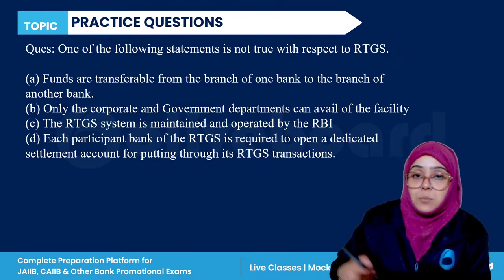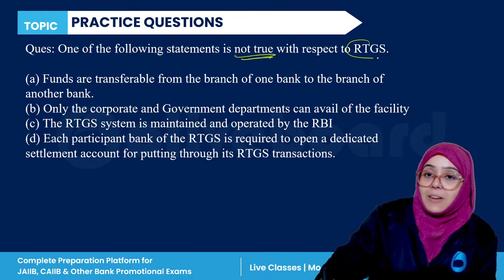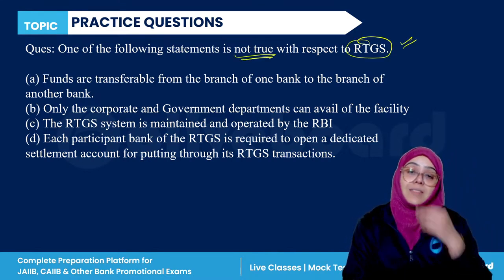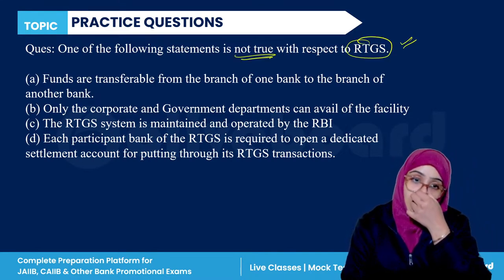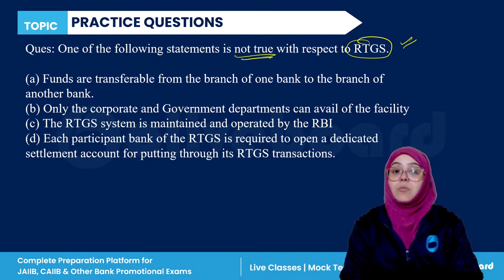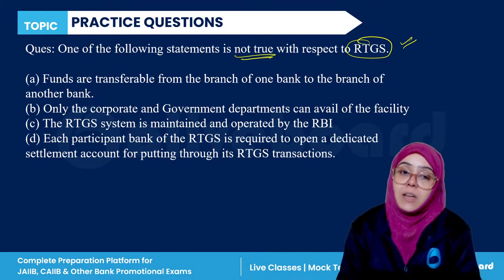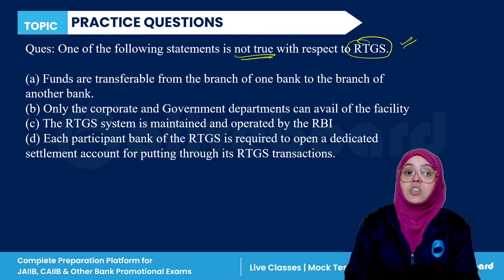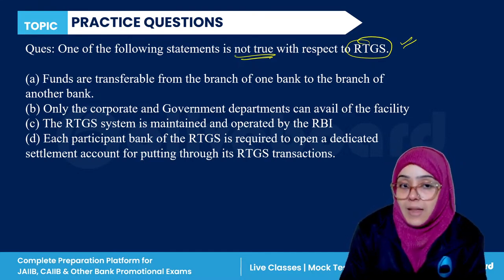One of the following statements is not true with respect to RTGS, real-time gross settlement. Four statements are given. Funds are transferred from a branch of one bank to a branch of another bank. Only corporate and government departments can use this. The RTGS system is maintained and operated by RBI.